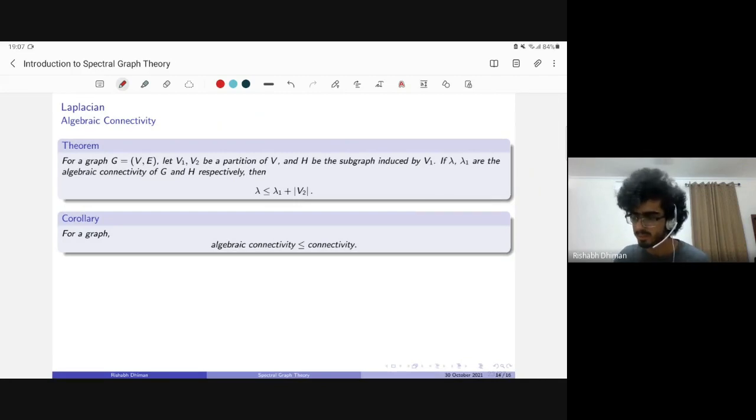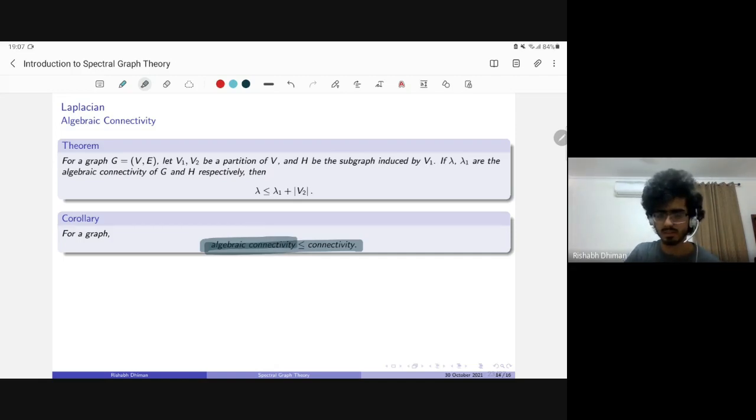Now we'll prove this result: algebraic connectivity is bounded above by the connectivity of the graph. Again, algebraic connectivity need not be an integer.